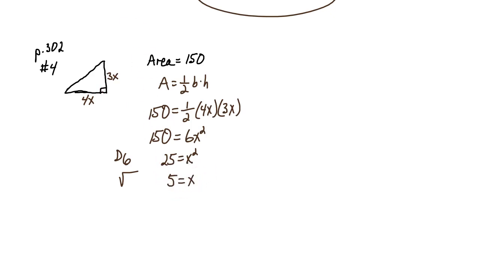Now that we know the answer for x, we know the real numbers for the sides. 3 times 5 is 15. 4 times 5 is 20. The question asks us, how long is the hypotenuse? Let's call it c, and use the Pythagorean theorem. C squared equals a squared plus b squared. For the letter A, fill in the 20.